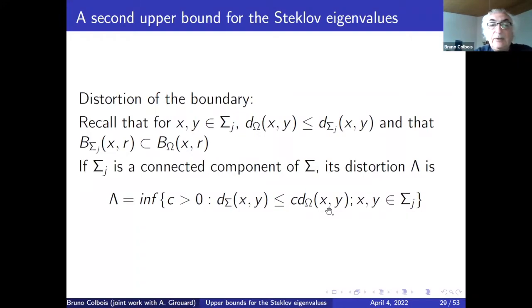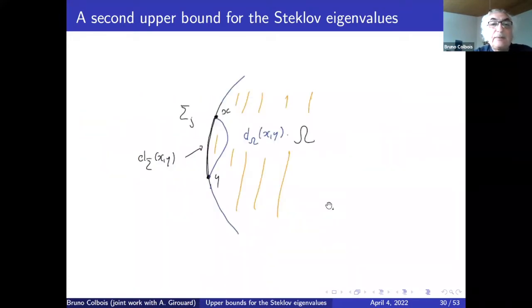So I come back to my picture. You can always compare the distance between 2 points on the boundary and inside the manifold. And if, for example, you take a product, if the boundary is totally geodesic, these two distances are the same.